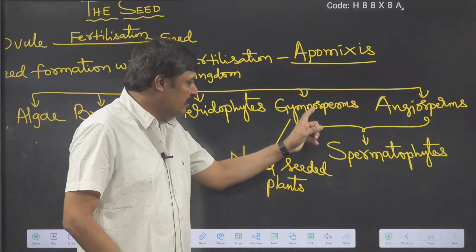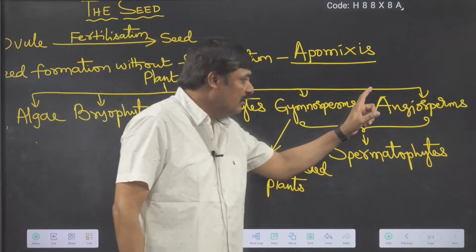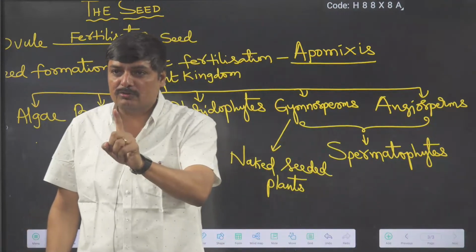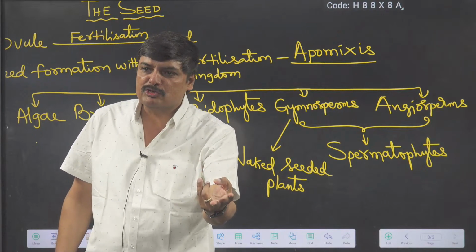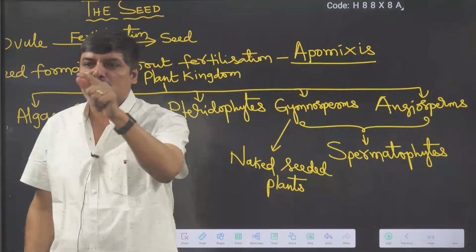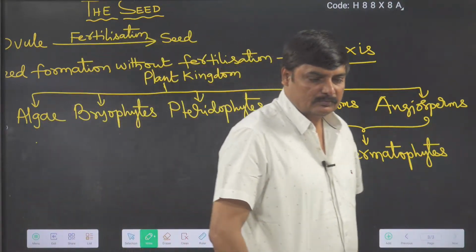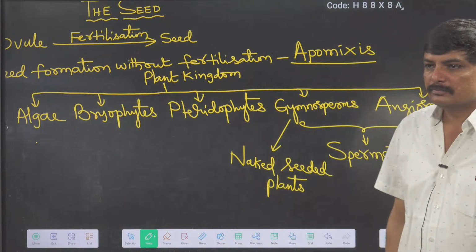Seeds are present in gymno and angio, but fruits are present only in angio. Seeds plus fruits found in angiosperms. Only seeds, no fruits in gymnosperms. Hope you understand, all of you.